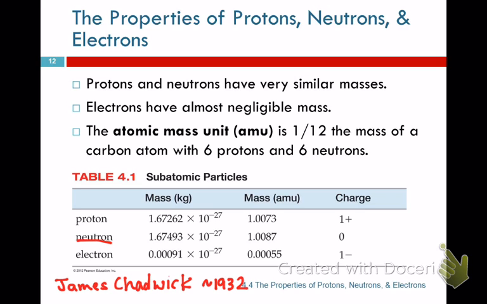And the electron, this really small particle that Thomson discovered in his cathode ray tube, this is all that it weighs. It's very tiny. It's about 1/1800th of the mass of a proton or a neutron. So in the nucleus, what you have is all the mass, and then it turns out the electrons are in essentially, and we're going to clarify this more later, in orbits around the nucleus.